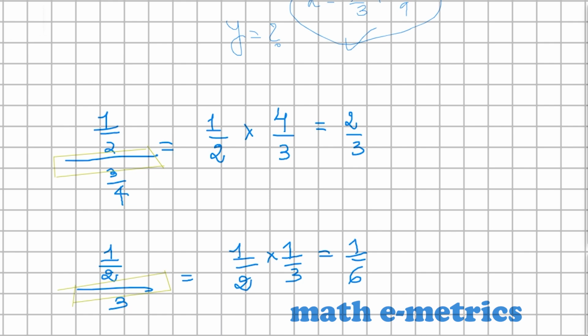This signifies that you have to treat above this as numerator and below this as denominator. This means in this case numerator is half, denominator is just 3. Oh, sorry. Yeah, I was looking at the top one.